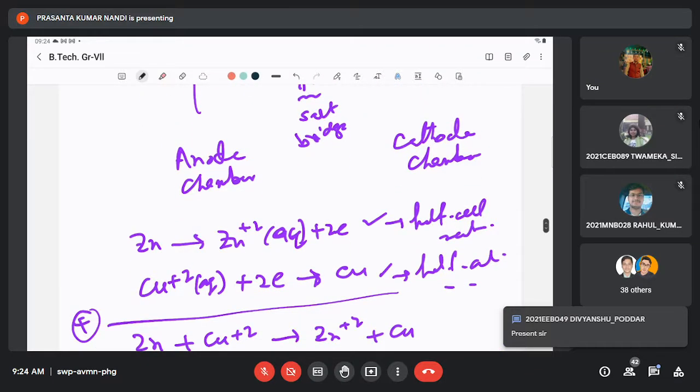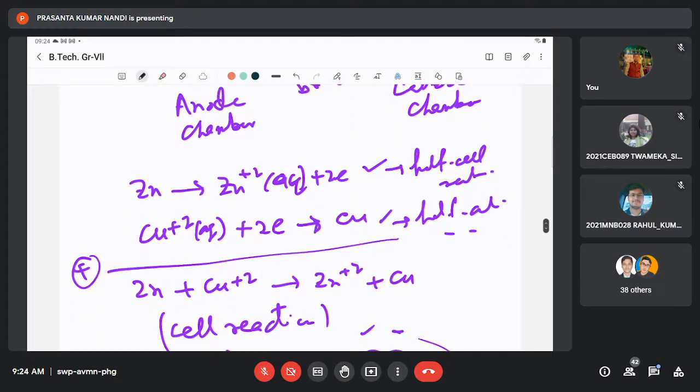And these are the two half cell reactions. If you add these two equations, that is called the overall cell reaction. Algebraically, if you add these two equations, the electron balance should be made so that they cancel out and we are left with the overall cell reaction, that is Zn plus Cu2+ equals Zn2+ plus Cu.